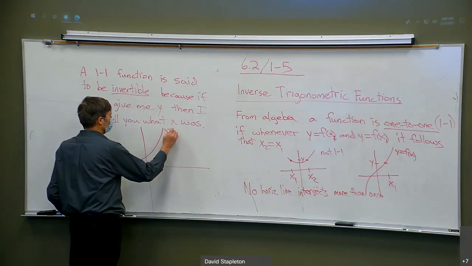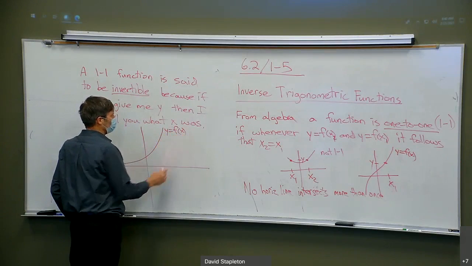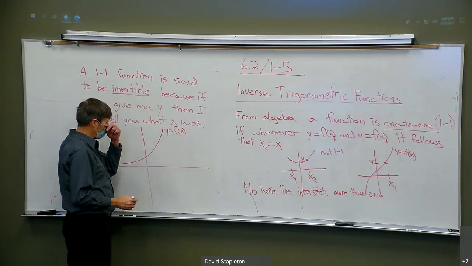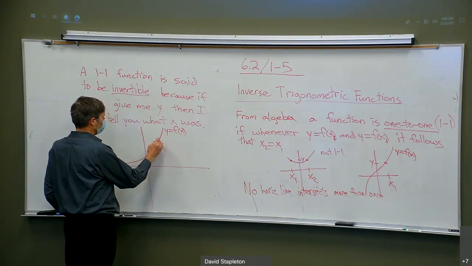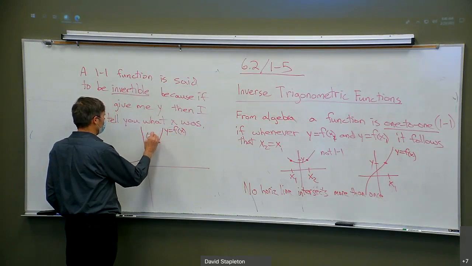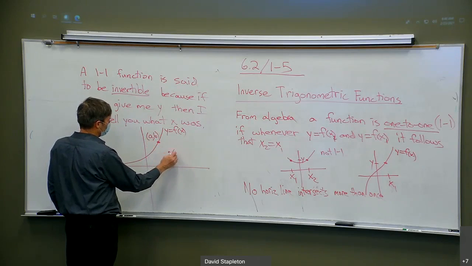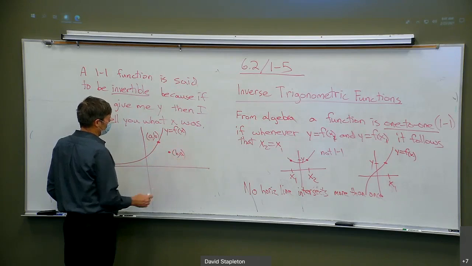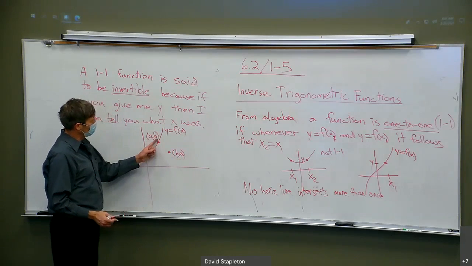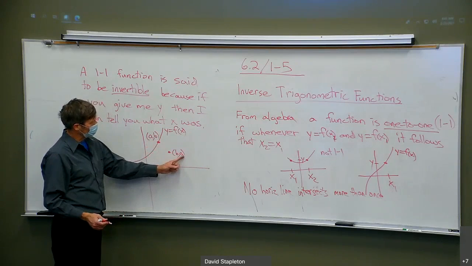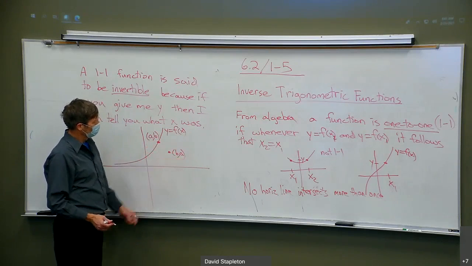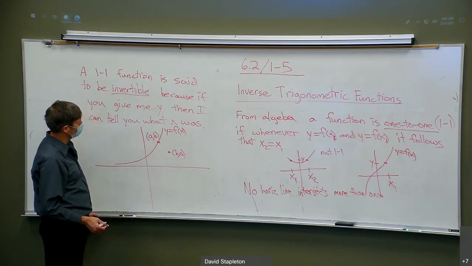Here's y equals f of x. What should be the inverse function? The function that when I give you y, you give me back x. Well, it's this function. If I take any point on here, a, b, it has to have the reverse pair b, a, so that if you give me y, plug it into this function, and get back x, right? B being y and a being x.